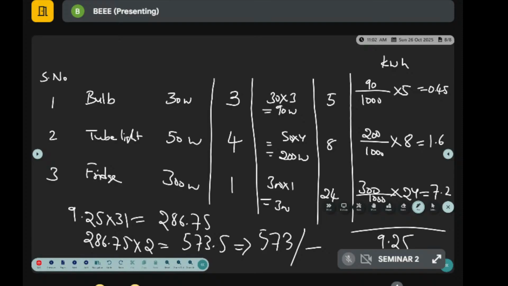Now, how can you reduce the electrical bill? The amount can be reduced by utilizing individual equipment properly. When there is no use of the fan, when there is no one in the room, kindly switch off the fan and the lights.